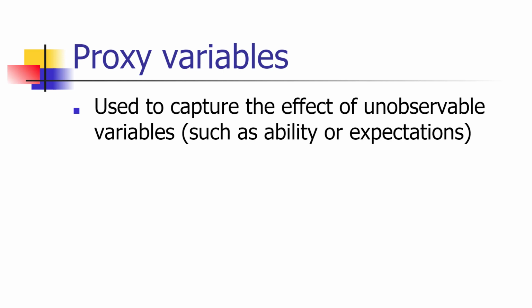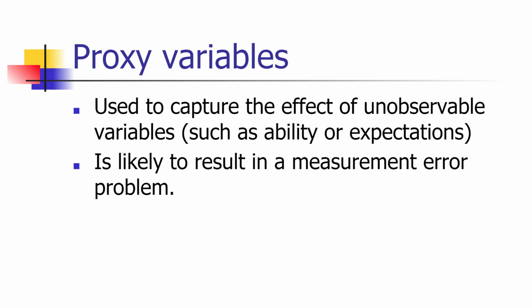And similarly, if we're trying to capture the effect of expectations, we don't directly observe these, but we have observable measures that serve as rough approximations to these variables. All of these proxy variables are essentially, by their nature, subject to measurement error because they're our best approximations to the underlying variables that we don't observe. The problem basically is all of these variables are essentially subject to measurement error.